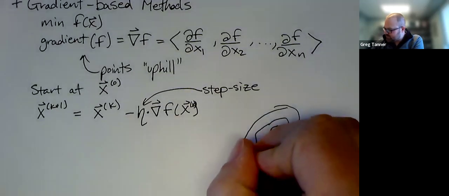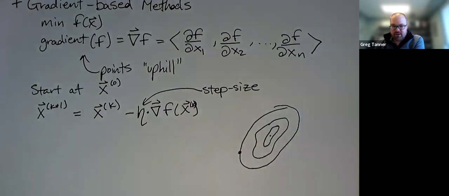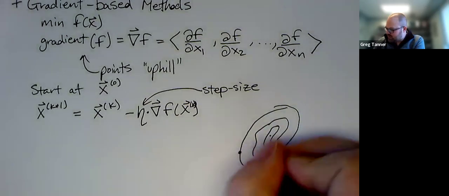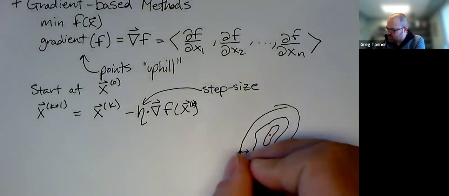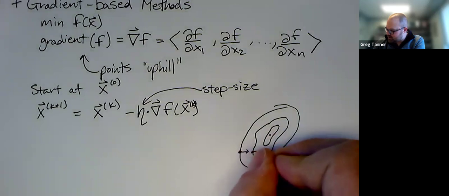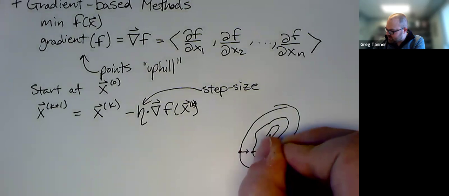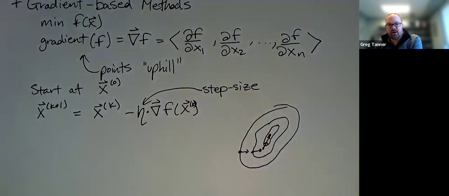If we start off here, the gradient's going to point downhill. Maybe here's the optimal solution. The gradient's going to point this way initially, and we take a step and move forward, and then it's going to point this way, and then this way, and then this way, and that gets us to our optimal minimum solution.